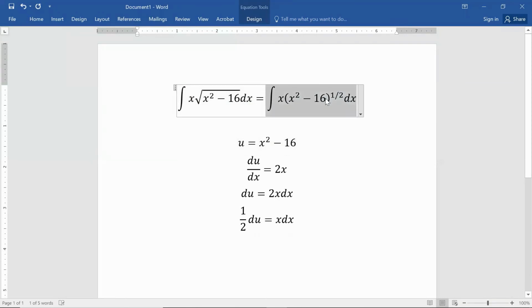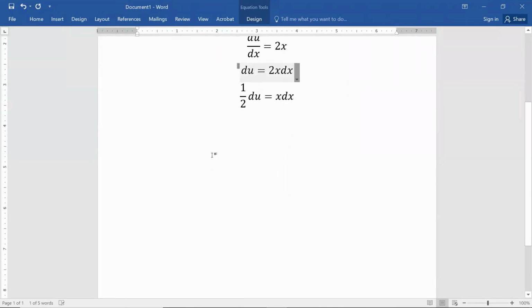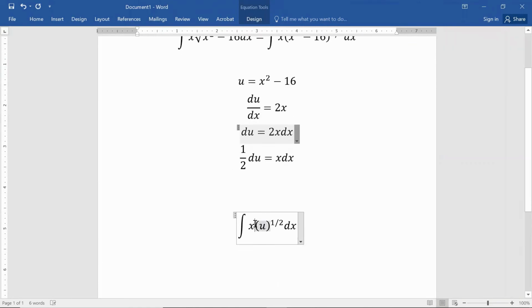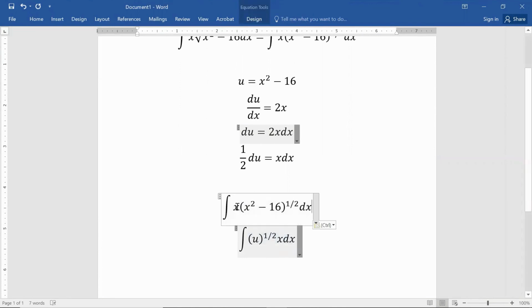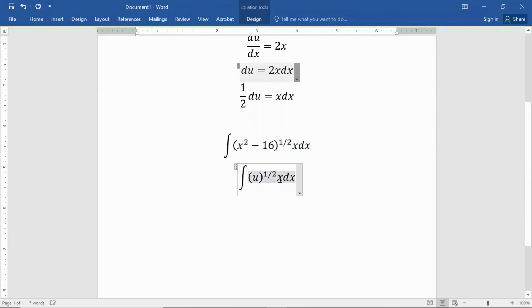Now I am ready to do my exchanges. The x squared minus 16 is getting replaced with a u. My x times dx, maybe I should have rewritten this first before I did my exchange, but all I'm saying is I can bring the x back there. The x dx can get replaced with a du.